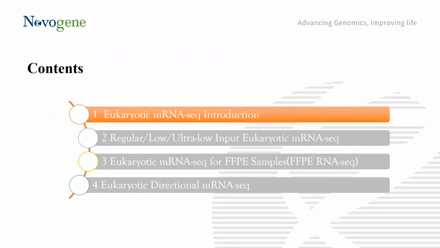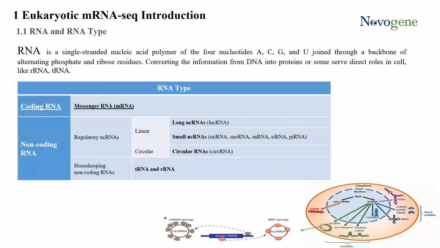So let me start by giving you a little bit of an introduction about mRNA sequencing. So the first question that we need to ask ourselves is, what is mRNA, right? RNA is nothing but a single-stranded nucleic acid polymer composed of 4 different nucleotides, A, C, G, and U, and they're joined through a backbone of alternating phosphates and ribose residues. Below you'll find the list of the types of RNAs that we have in eukaryotic cells.